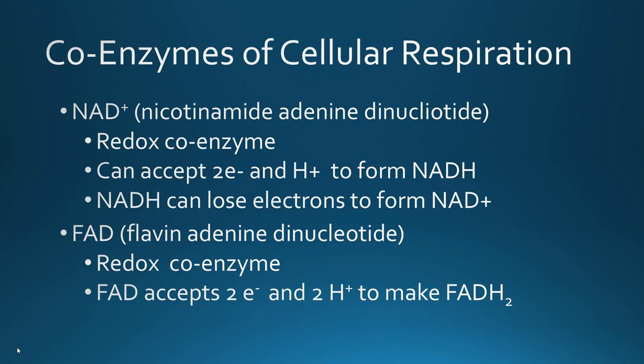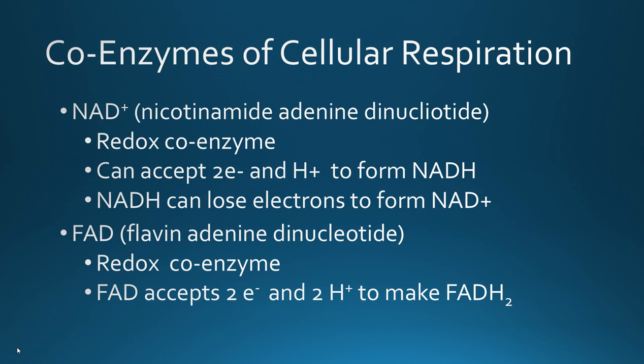Just like in photosynthesis, we're going to have coenzymes of cellular respiration. These coenzymes have the same function. They are going to channel all the energy in those electrons to get them safely to their destination, just like when we made the analogy of holding a child's hand in a busy parking lot.